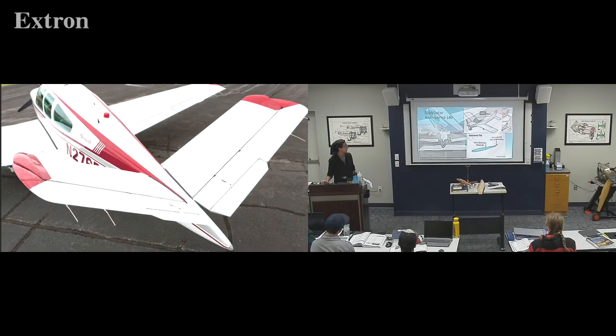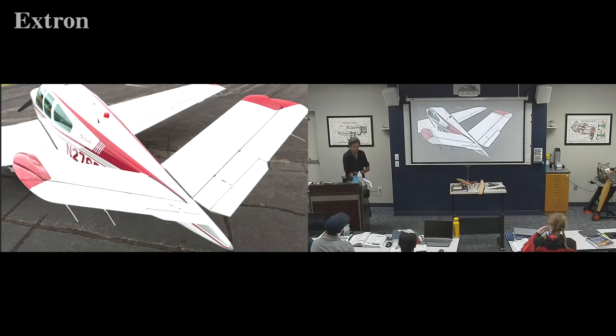Another unique surface is a ruddervator. So what two normal surfaces do you think this combines? Yes, rudder and elevator. So ruddervator, and you can see ours, well, the remains of it, on our Bonanza.